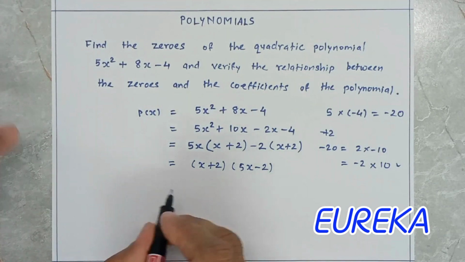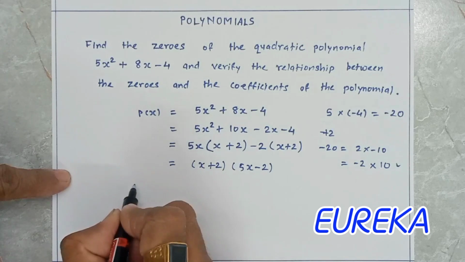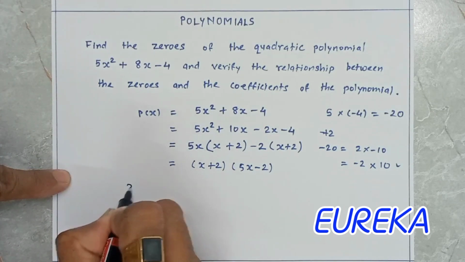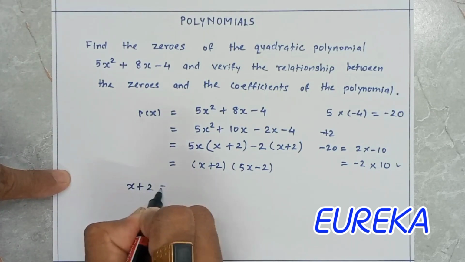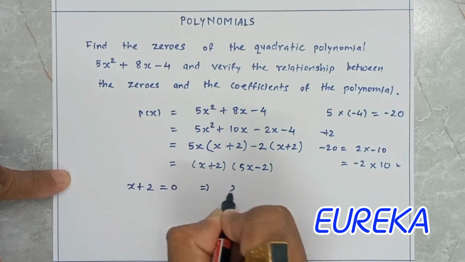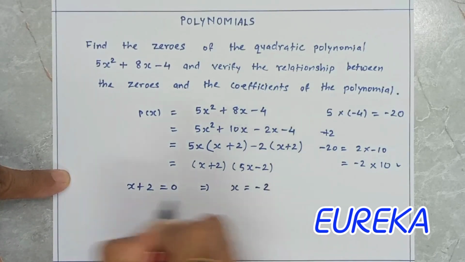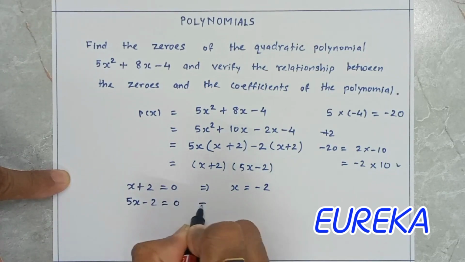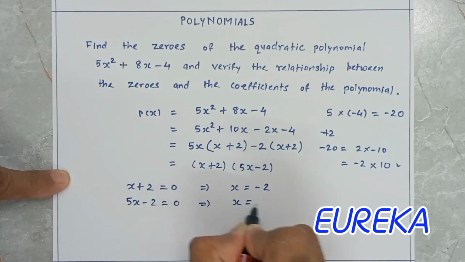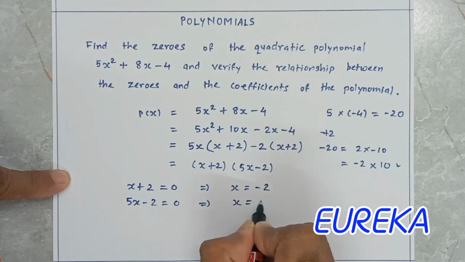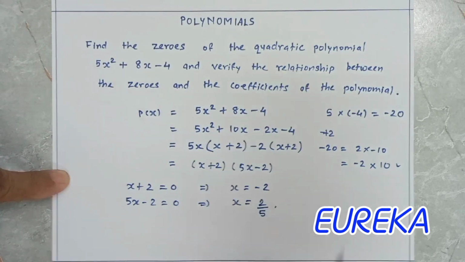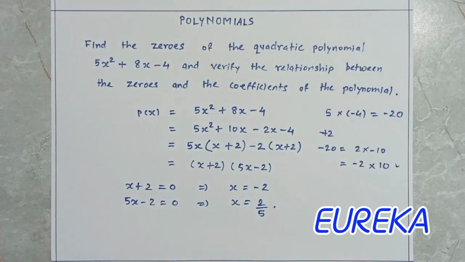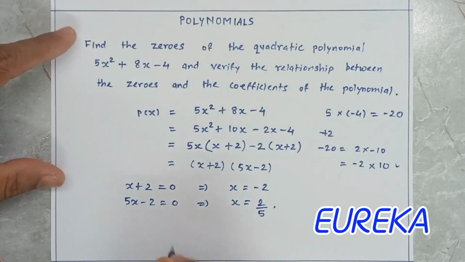Now on equating with 0, we will get the two zeros. If x plus 2 is 0, it implies x equals minus 2, and if 5x minus 2 is 0, we get x equals 2 by 5. Is it very clear? So we will say the two zeros are minus 2 and 2 by 5.